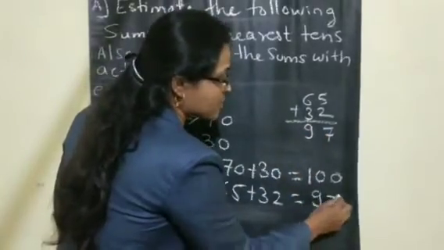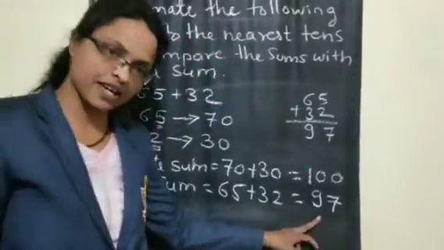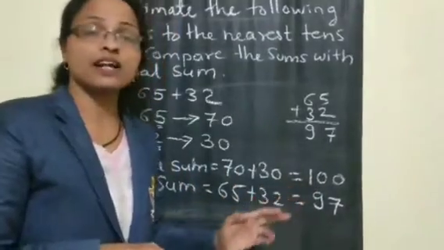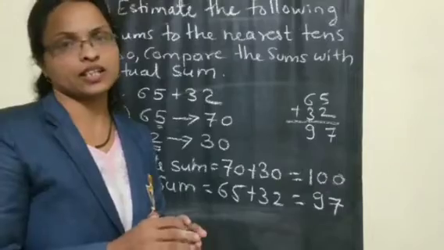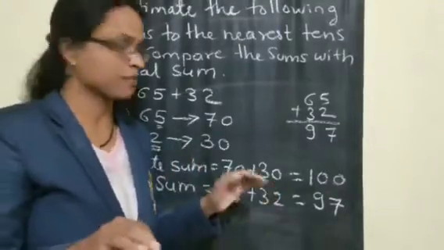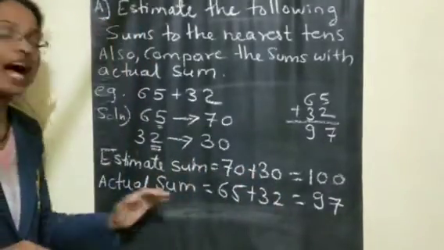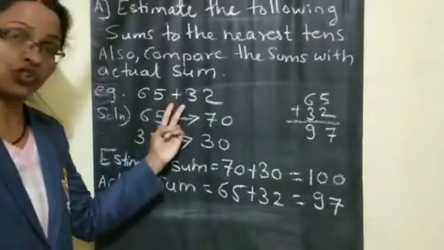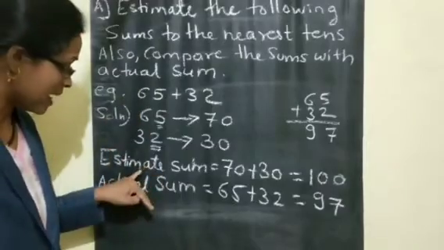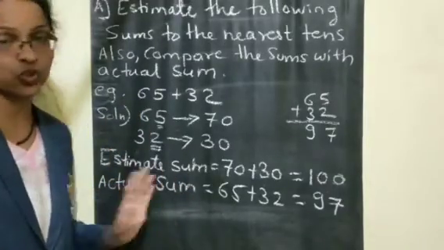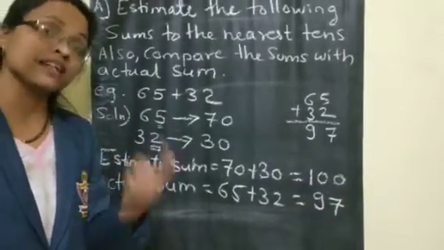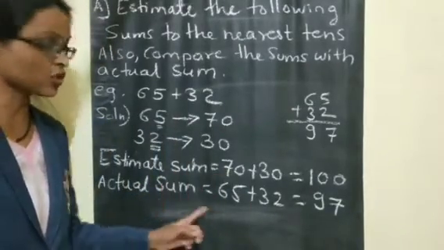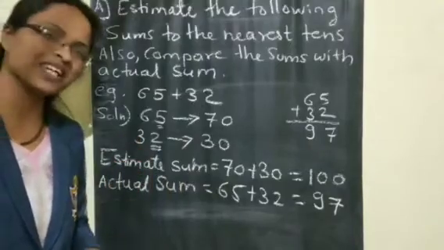So the actual answer you are getting is 97 and the estimation answer is 100. 97 and 100 are nearest to each other. There is no big difference between them. So like this you have to solve the problems for estimation of tens: estimate sum means round off the numbers and find the sum of that, then find the actual sum and compare.